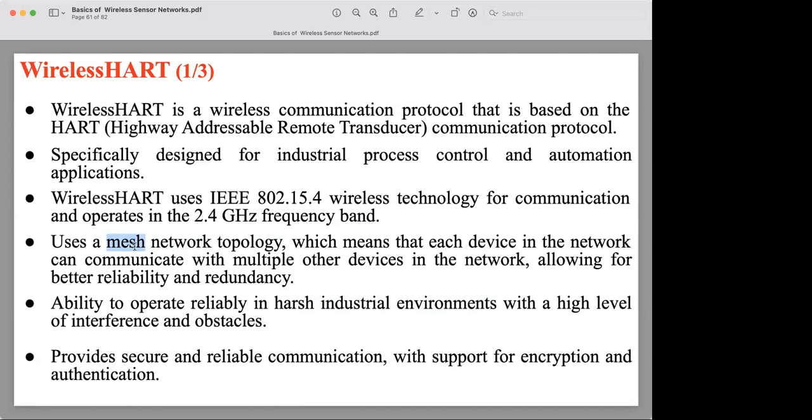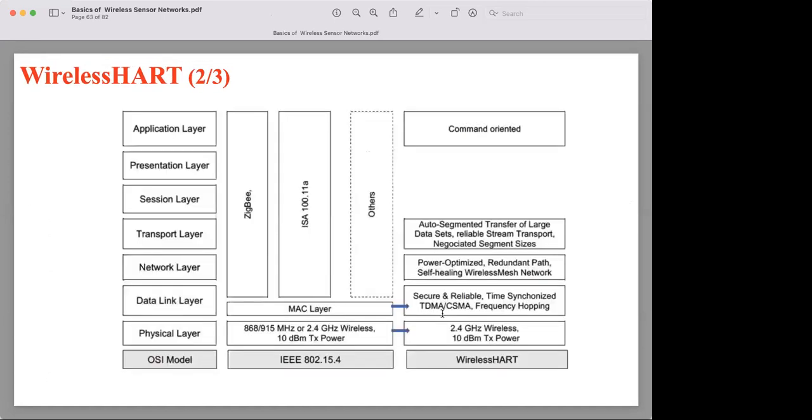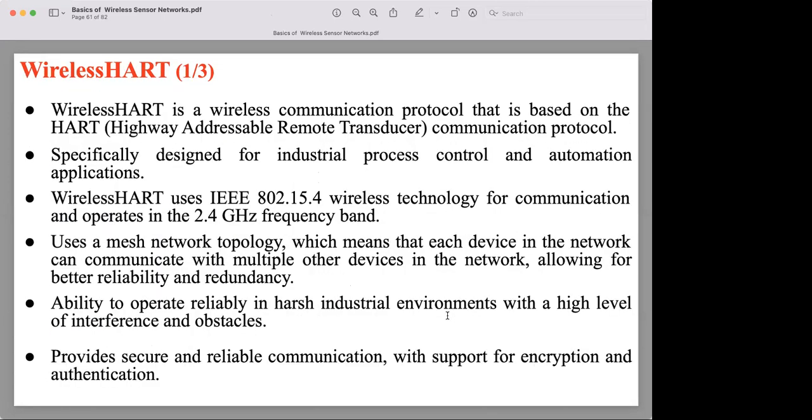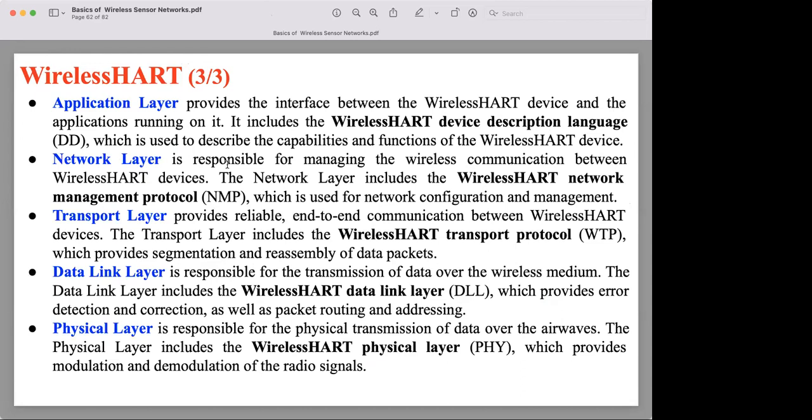If one node is only connected with one other node peer-to-peer, then maybe because of some obstacle, some harsh environment, some failure, you are not able to find the information. So this is the beauty of this protocol. They support the mesh topology so that at least you have the information. And as we already saw, they support encryption and authentication so that this is a secure and reliable communication protocol.